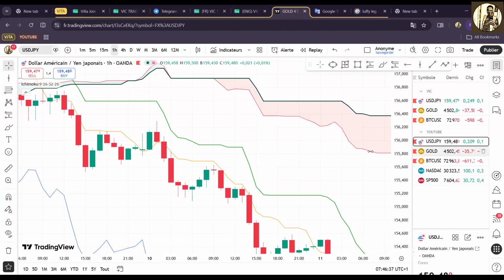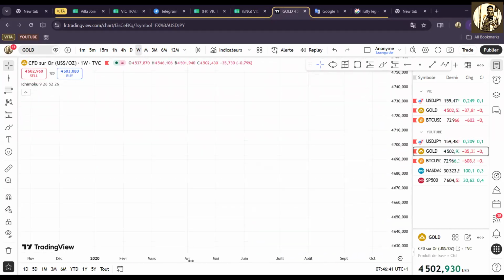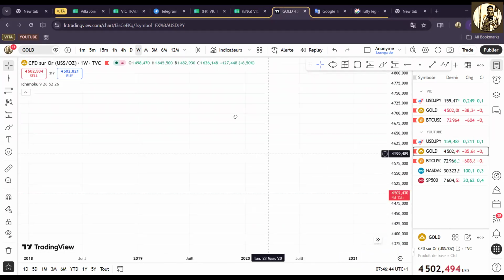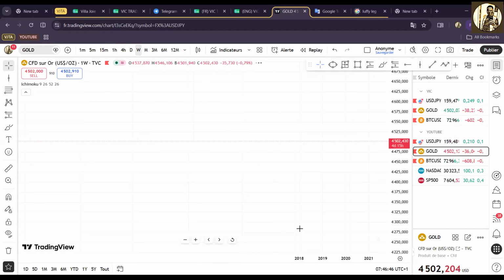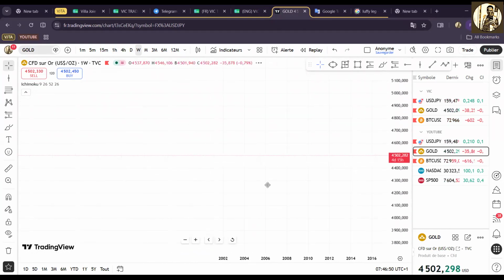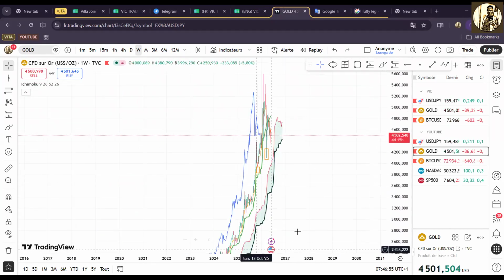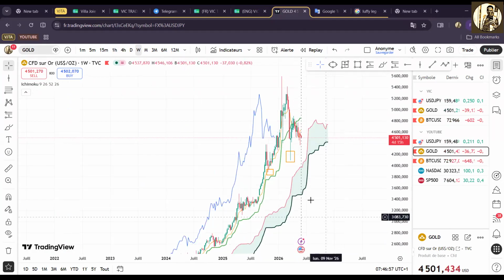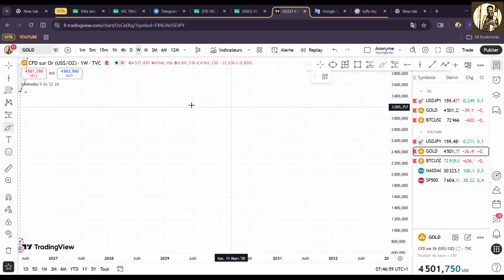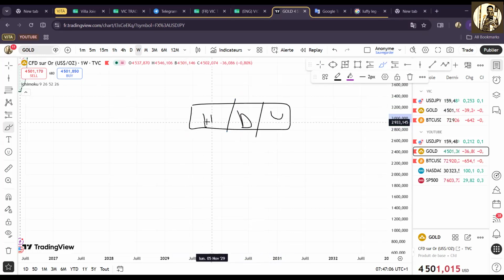What do I mean by that? So you go on a weekly time frame, right? You have the weekly time frame, the daily time frame, and the H4 time frame like this.